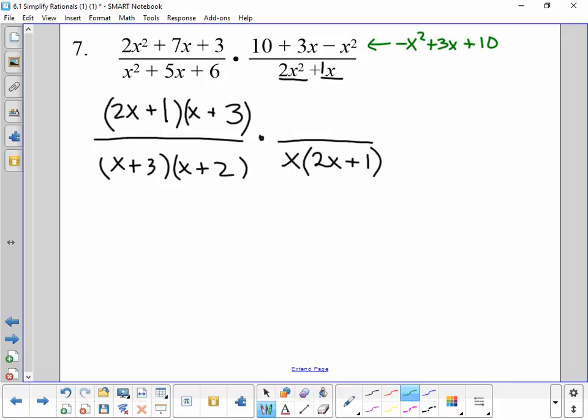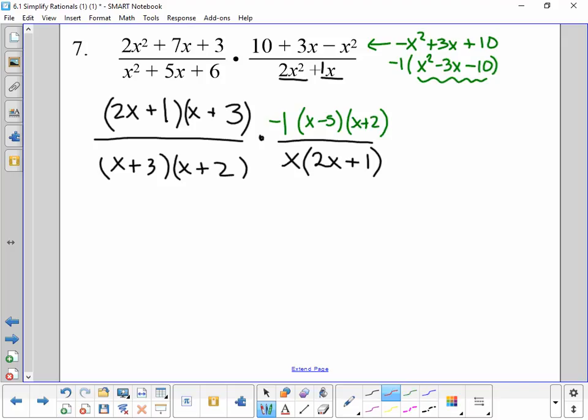And if I factor a -1 out of that, it gives me positive x squared, -3x, and -10. And that's what I'm going to put here, except I'm also going to go one more step and factor this. So I'm thinking of factors of -10 that add up to -3. So that would be an x minus 5 and an x plus 2.